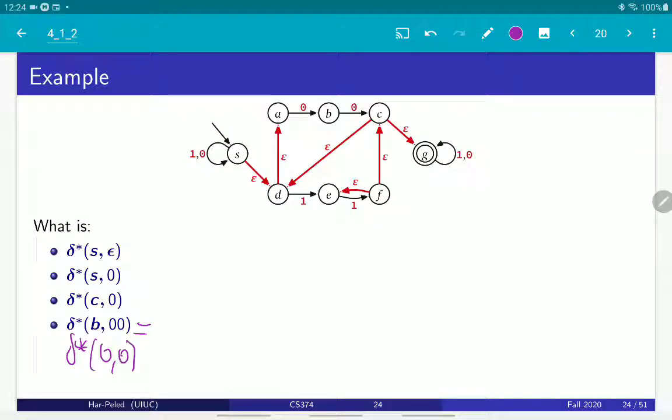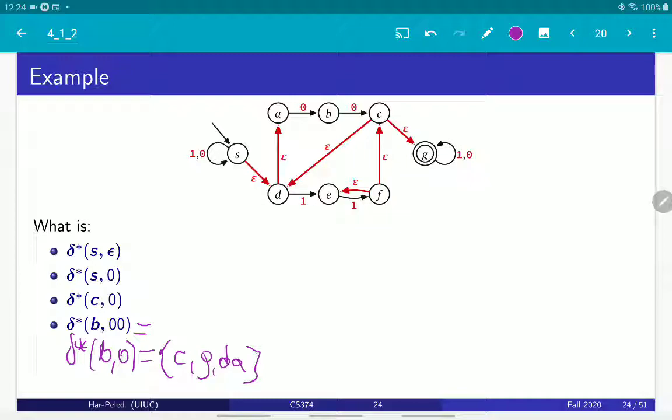So B on 0, we cannot stay in B, so B is not there. We can go to C, and its epsilon closure, which is G, D, and A, right?